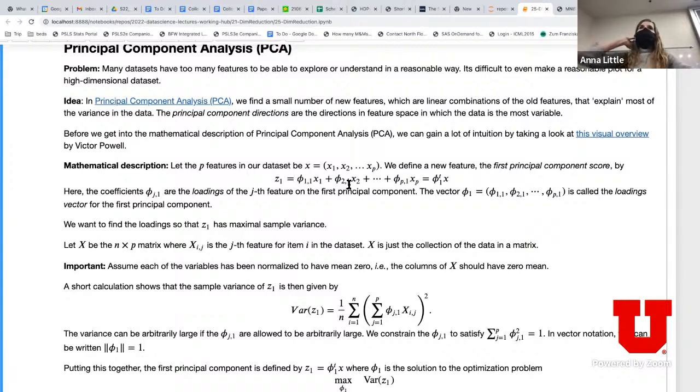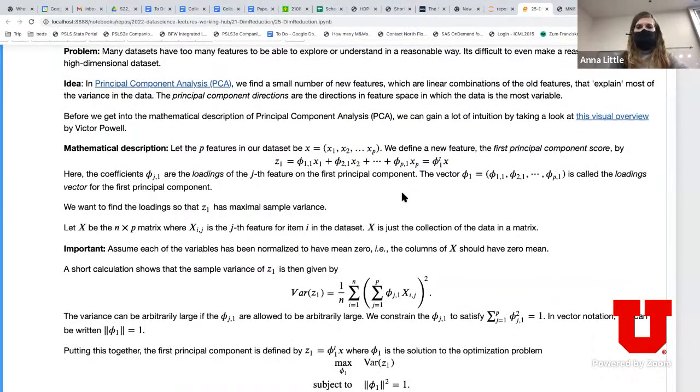Yeah, it's hard to say exactly which features are the driving ones in terms of the variance. You can look at the size of the coefficients, so if you see that X1 and X5 have a really big phi value, a really big coefficient in that principal component, that can indicate that they are driving it, but it can be a little bit hard to interpret.